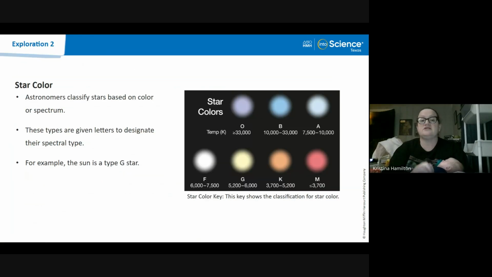So when we're looking at star color, astronomers classify stars based on a color or spectrum. These types are given letters to designate their spectral type. For example, the sun is a type G star. So our key shows the classification of those star colors, and we look at temperature in Kelvin. We can't measure by Celsius, which is what we use in science, so we use Kelvin.